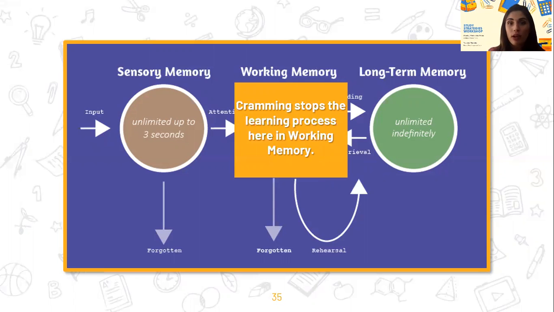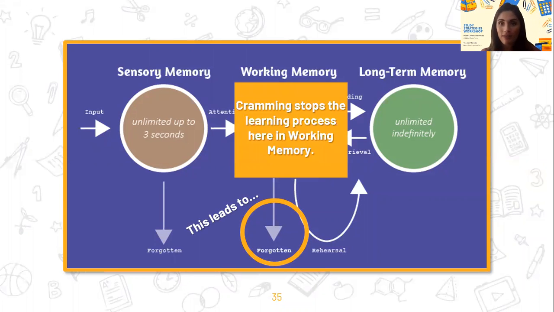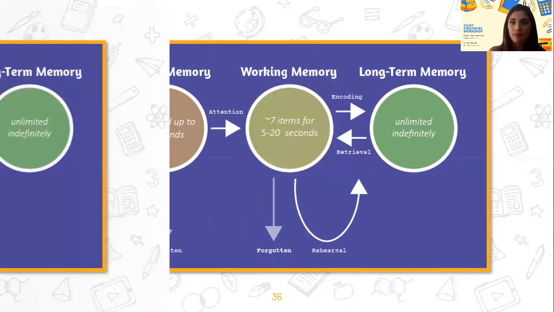It stops the learning process here. And what does that lead to? It leads to things being forgotten because you're not doing this process of encoding or attaching that knowledge to something else you already know. You're not building those connections, building those relationships. And so it's not making it into long-term memory.